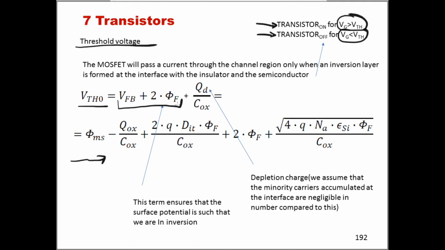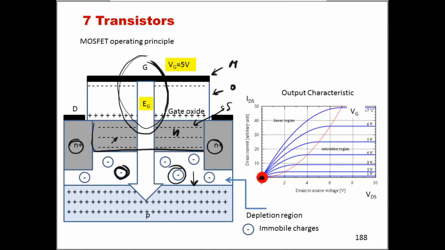Now, on top of this, what we have to consider also is the fact that, and this is why we have this term here, in our transistor there is a very large depletion charge. So when we are turning on the transistor, and so we are creating this inversion layer at the interface with the gate stack, we can have a look probably at this slide.